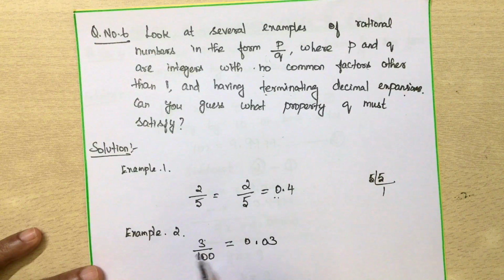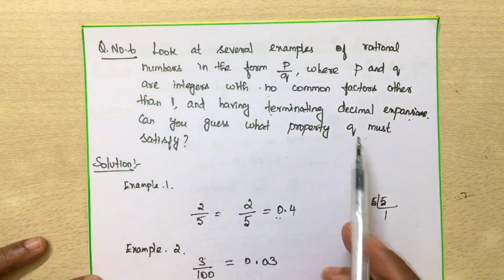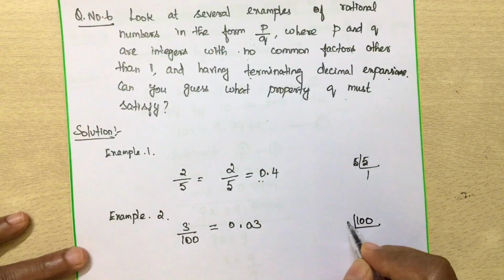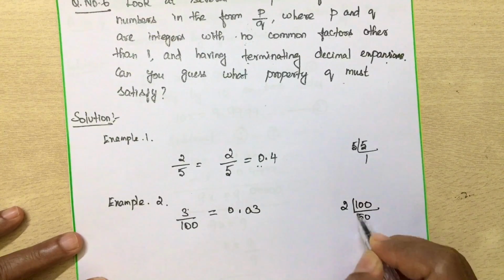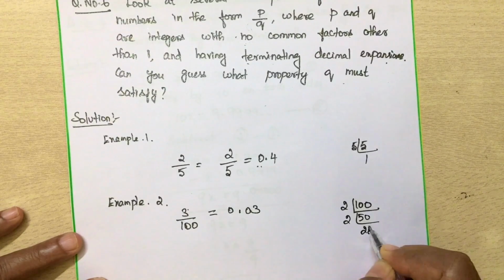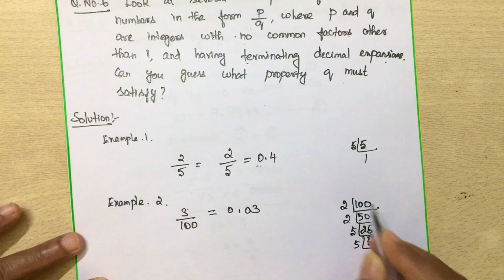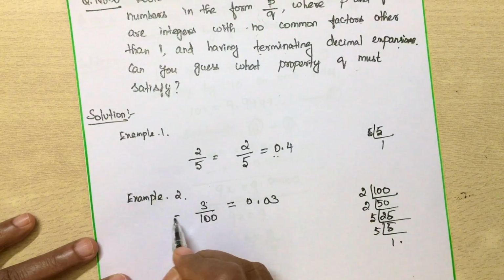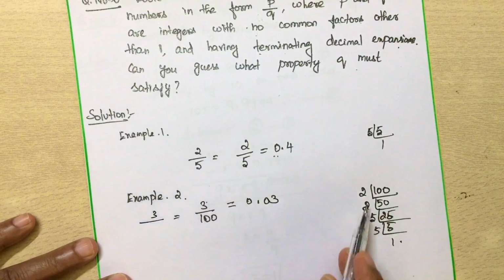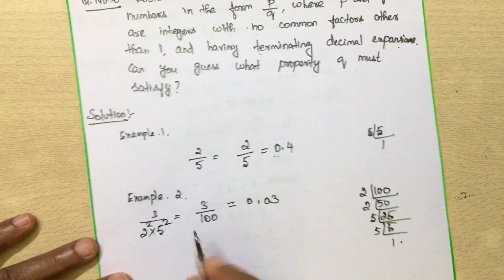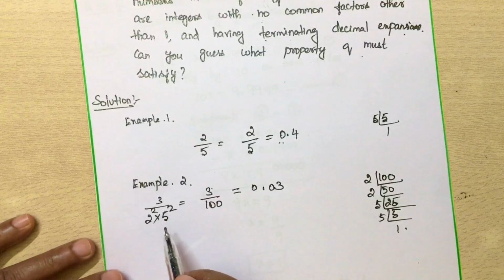Now, we'll check the property of Q. So, what is Q? 100. Do the prime factorization. 2, 50, again 2, 25, 5, 5, 1. This is the prime factorization. Now 100 can be written as 2 square into 5 square. Am I right? So we are studying the property of Q.